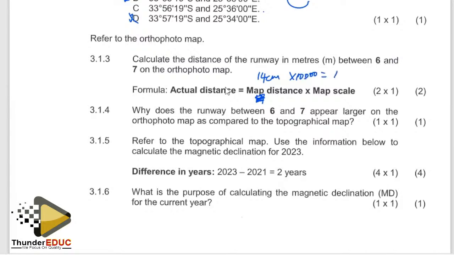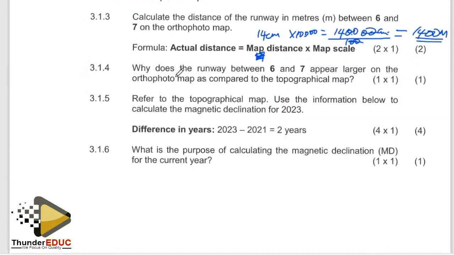So what are we getting? 140,000 centimeters. So this is the actual distance. Because they want the answer in meters, we divide by 100. So these 2 zeros go with these 2 zeros. The answer becomes 1,400 meters.